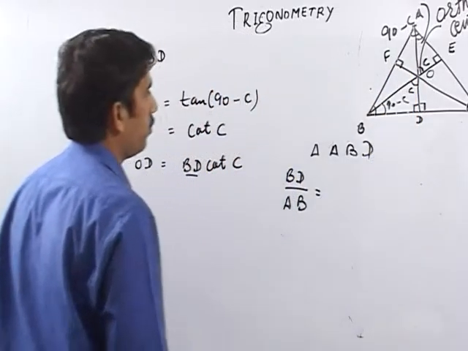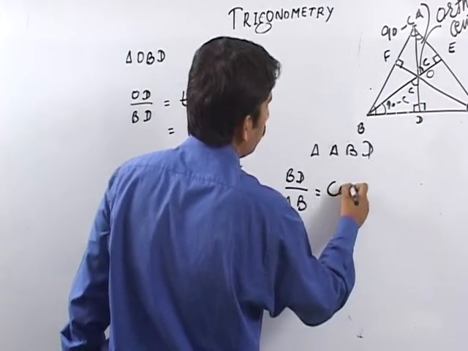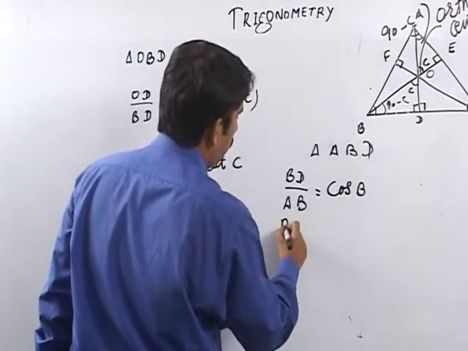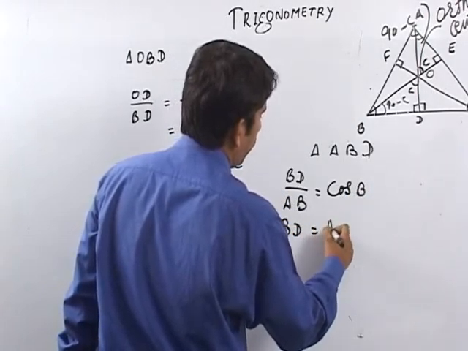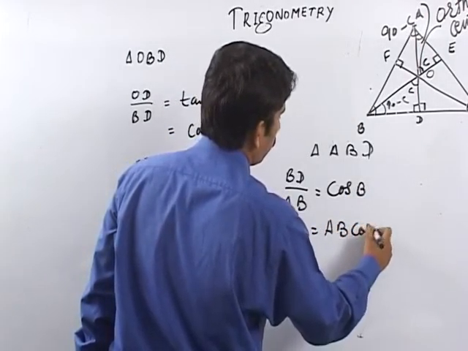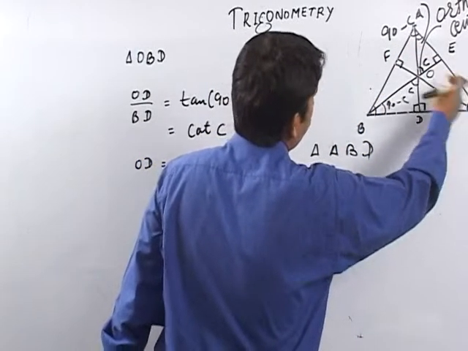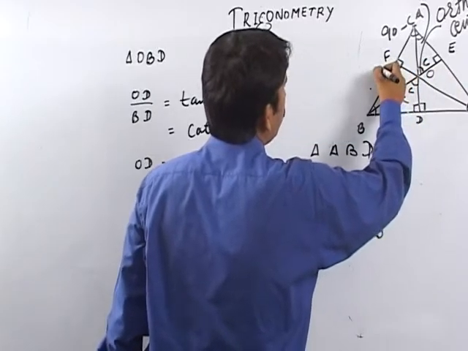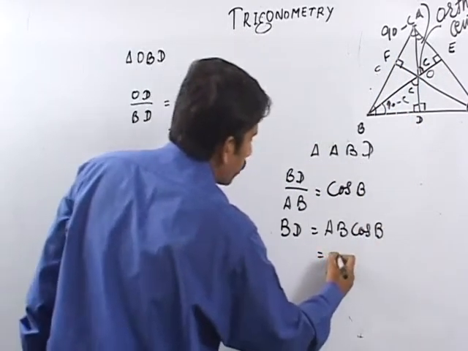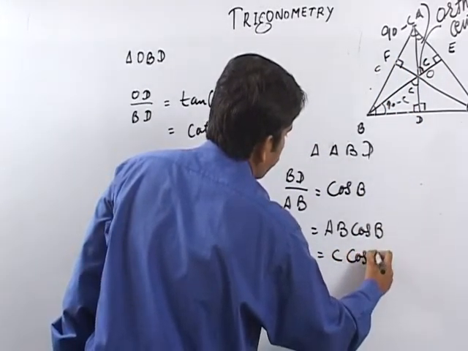So base over hypotenuse is cos of B. So BD will be equal to AB cos of B. Now, what is AB? Since this side is opposite to angle C, this will be small c, and this will be equal to c cos of B.